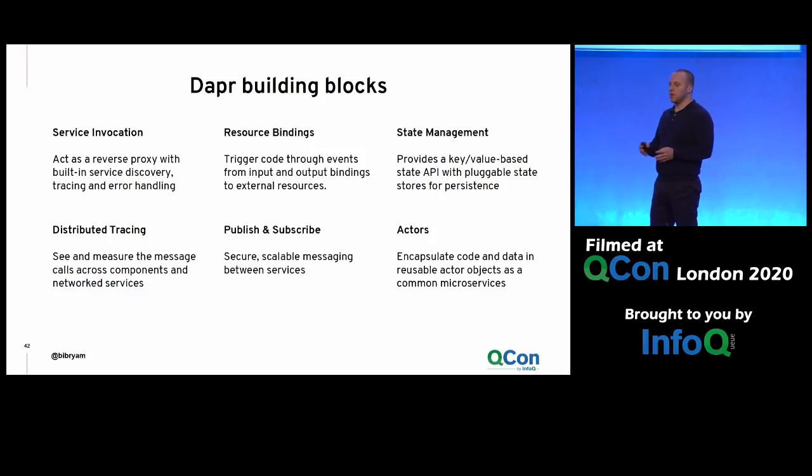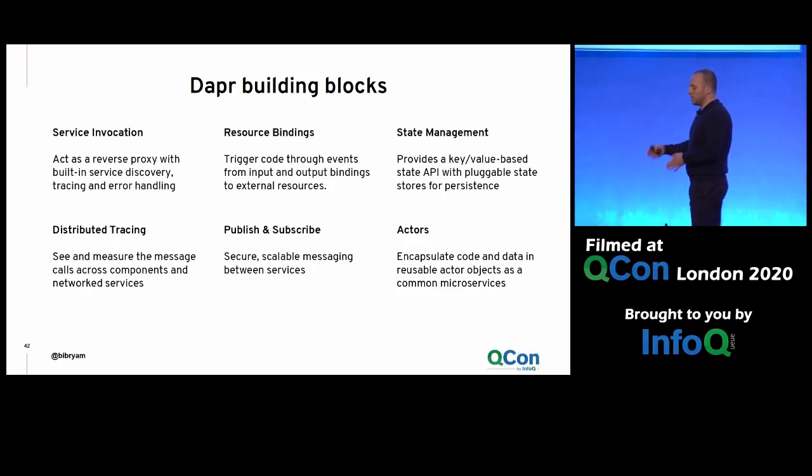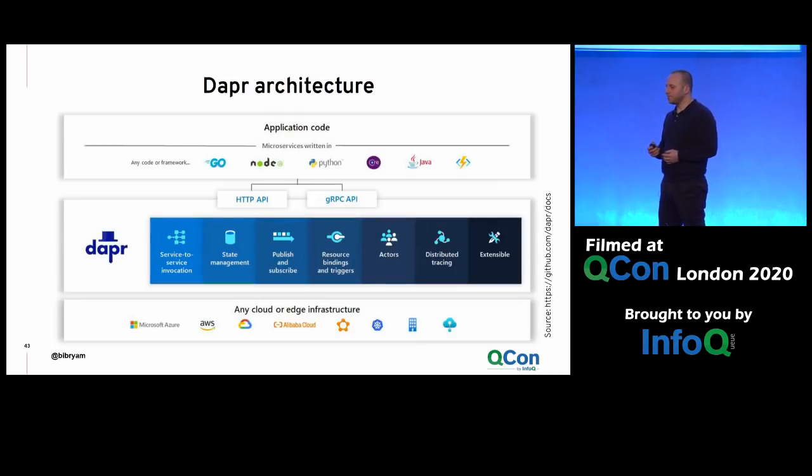But interestingly, Dapr also introduces the notion of state management. So in addition to what Knative and service mesh give you, Dapr also has an abstraction on top of the state store. So you can have key-value-based interaction with Dapr that is backed by the actual storage mechanism.